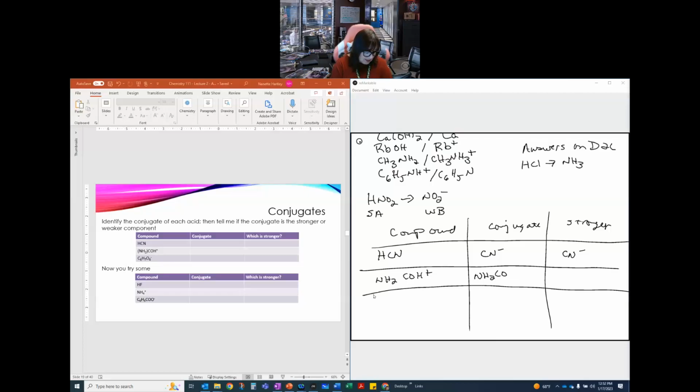And of course, when it does that, the question becomes, is it easier to pick up that proton or to lose that proton? Okay. So which is the better species? And it's better for this thing to be without that proton. Okay, so that means that the thing with the proton is actually the stronger of the two things. So the conjugate acid is stronger than that weak base.